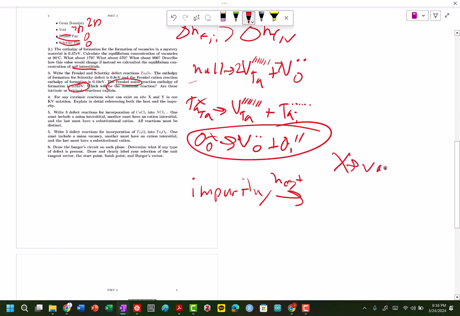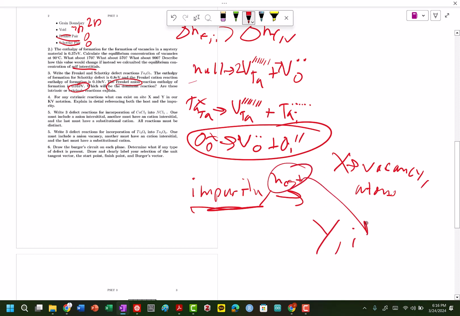I can have a vacancy, or actually, excuse me, vacancy is what's on the site right now. I could also have atoms from the impurity. On Y, I can have an interstitial, or I can have atoms from the host. So that's basically what's going in there.